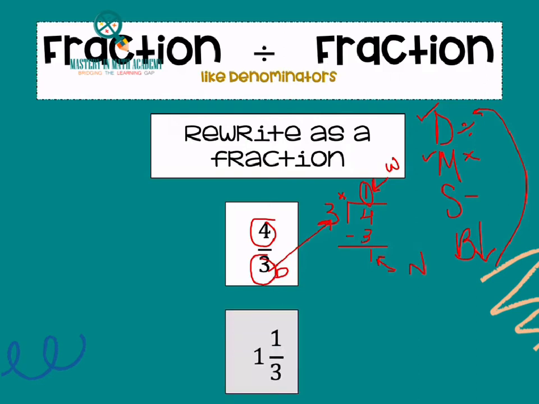Remember, we said 1 is our whole, which is this part right here. That's your whole. This 1 over here, that's our numerator because that's what's left over. And the 3 right here is our denominator. Keep your denominator. Don't even change it.